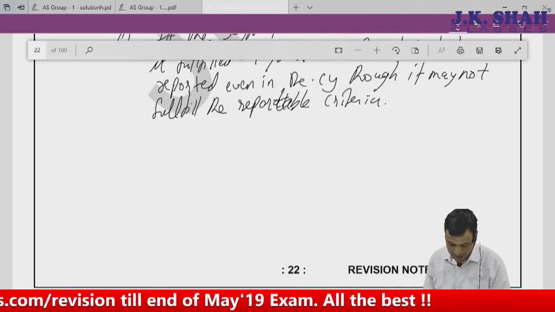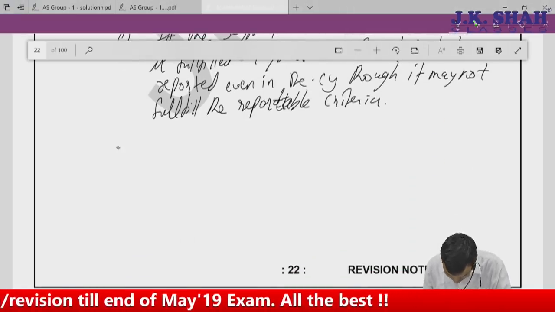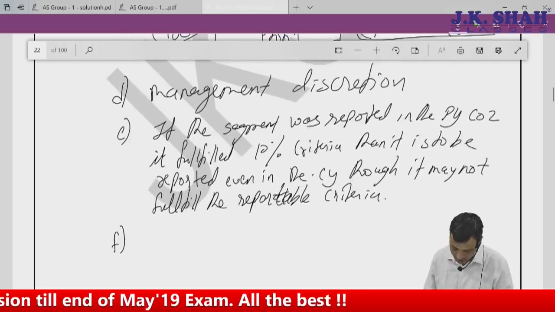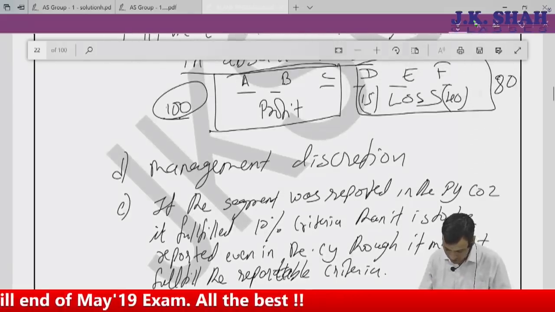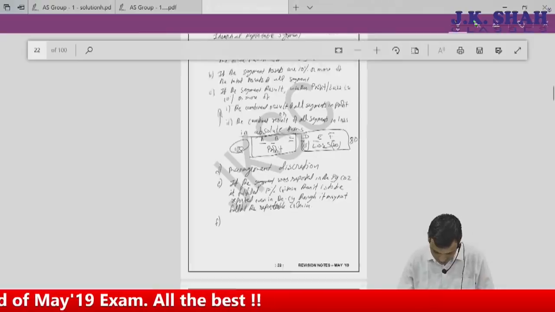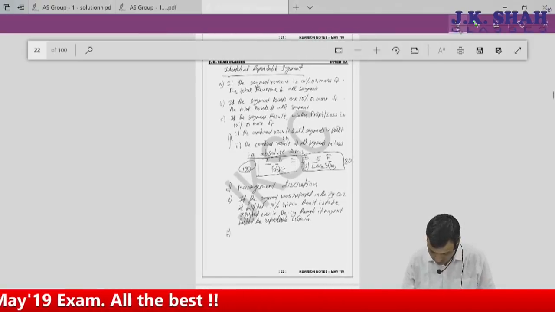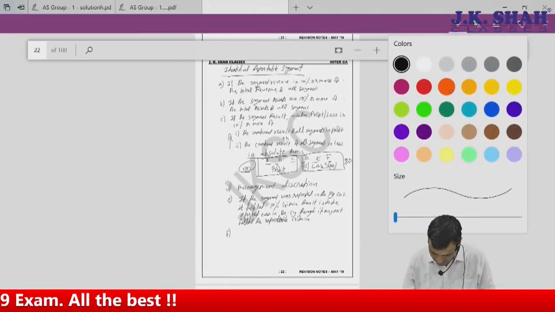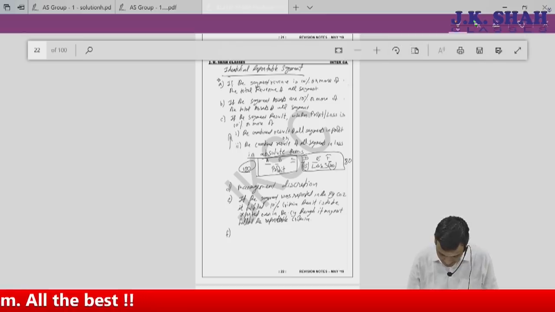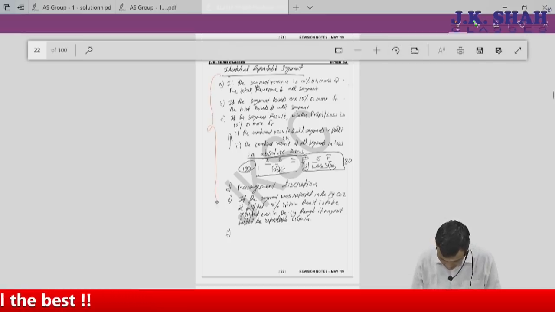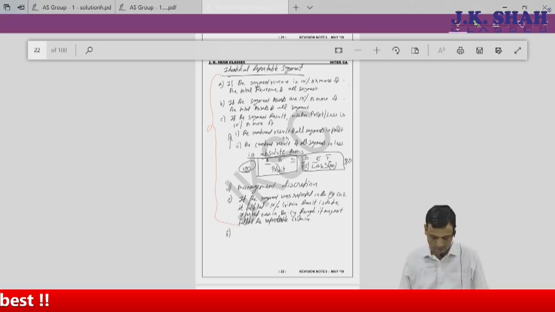And the last and very important, after identifying all the segments based on this. All the segments are covered, A, B, C, D, E.